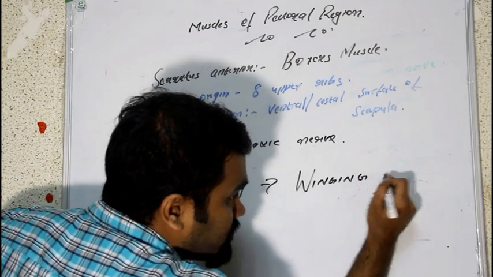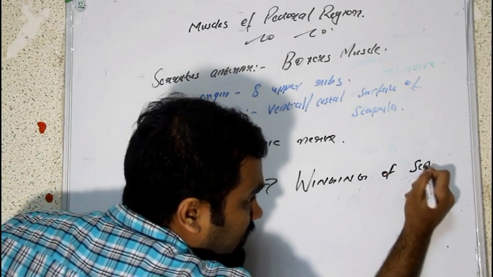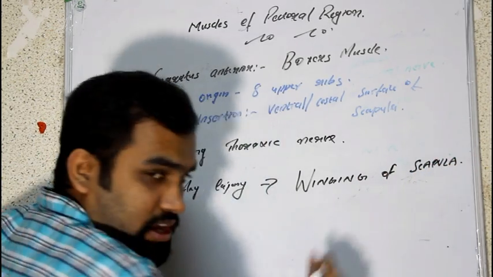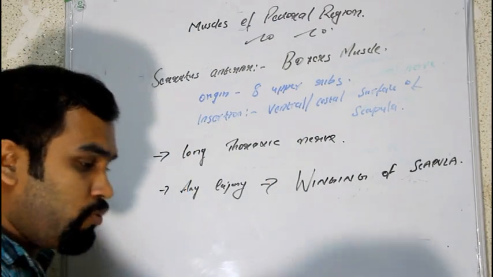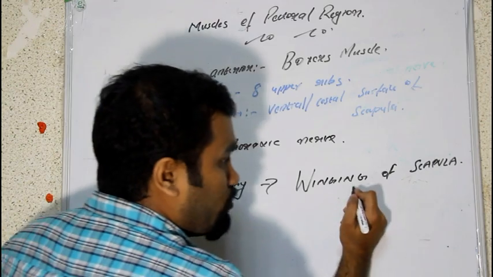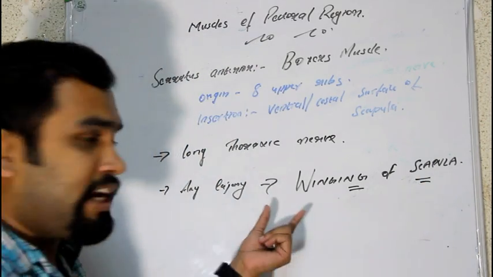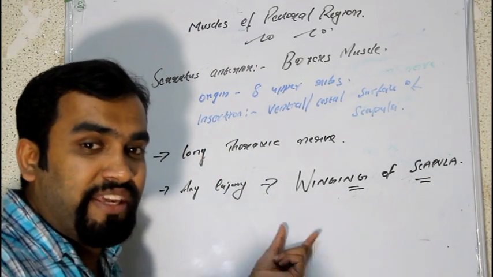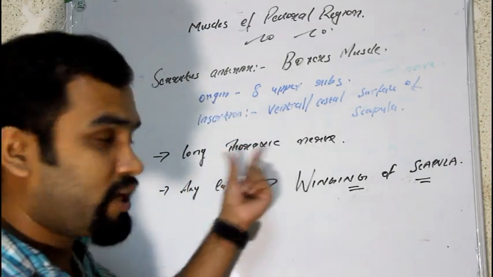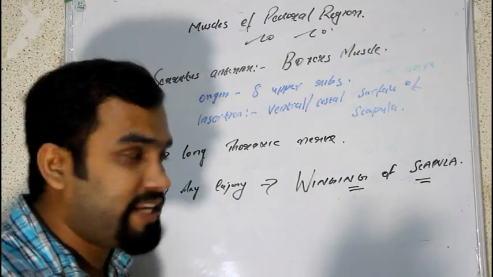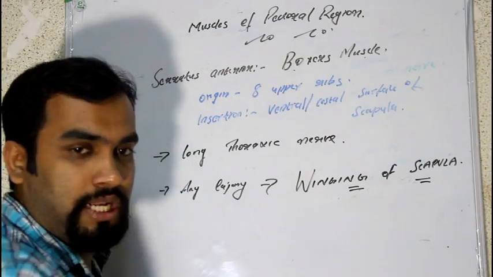From the word winging, there will be winging of the scapula. I will show you from the book how it is. So winging of scapula is due to injury to the long thoracic nerve, okay? There is damage to the serratus anterior muscle or boxer's muscle, okay?